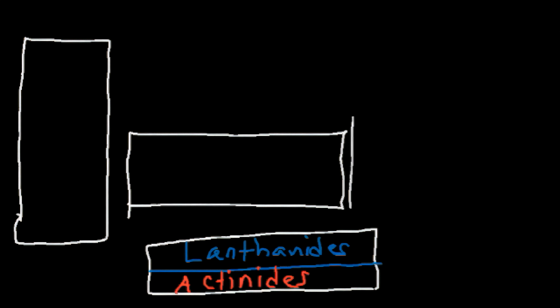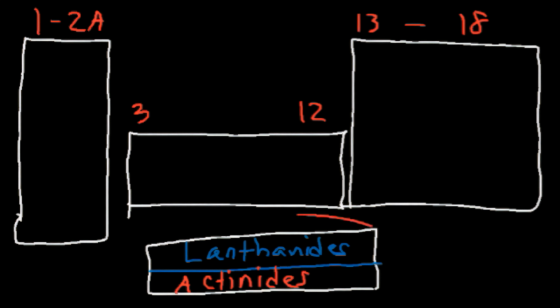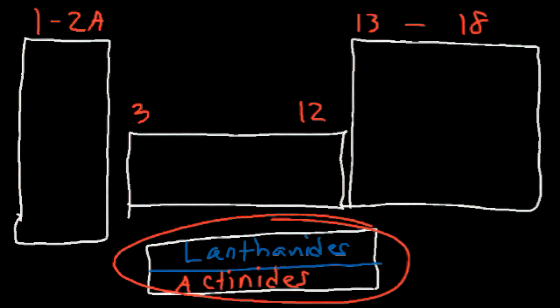And then you have the elements on this side, which we're about to go over. So groups 1 to 2A and groups 13 to 18 are known as representative elements. Groups 3 to 12 are the transition metals, and then this is the inner transition metals, which are non-representative elements.